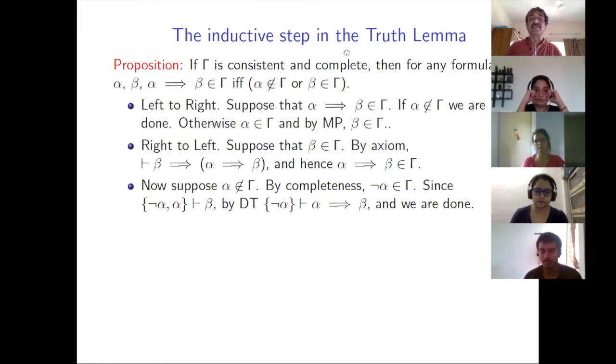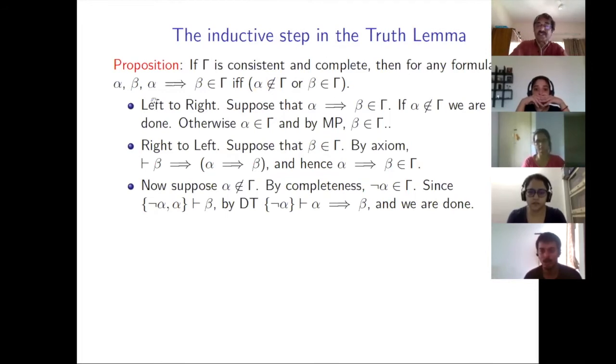If gamma is a consistent and complete set, then for any formulas alpha, beta, the implication alpha implies beta belongs to gamma if and only if either alpha is not there or beta is there. This is a closure property. Of course, this basically says by induction hypothesis that in the model alpha is not true or beta is true. That means alpha implies beta is true in the model. So that's all we need.